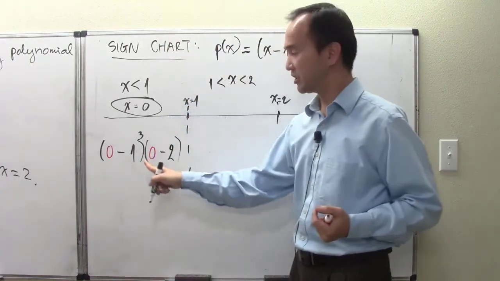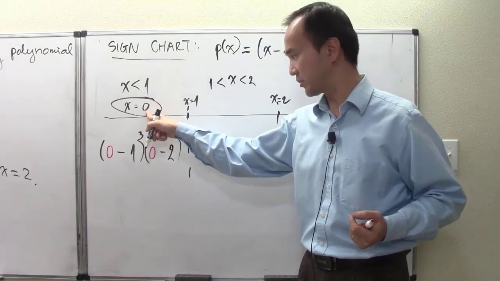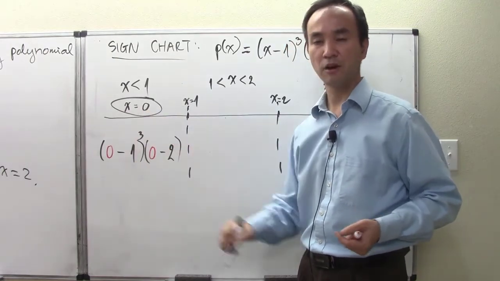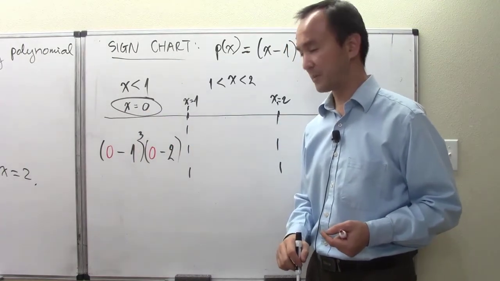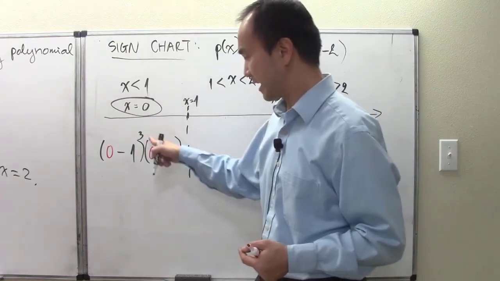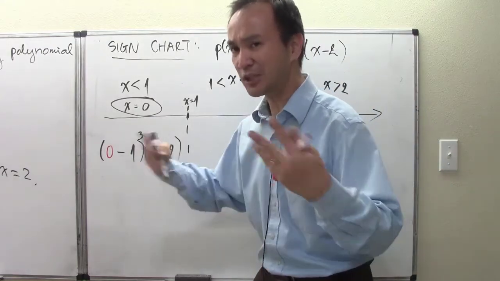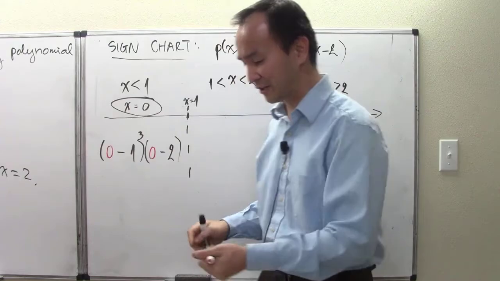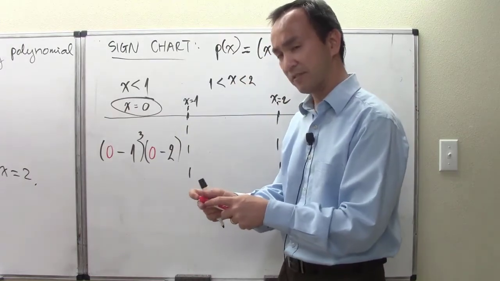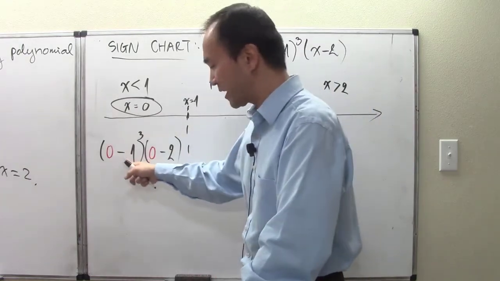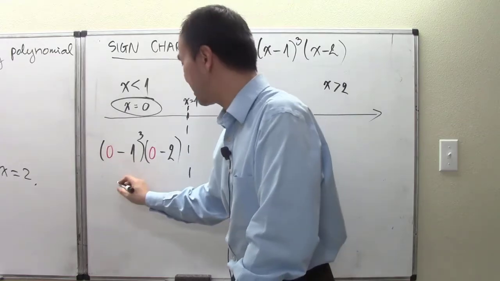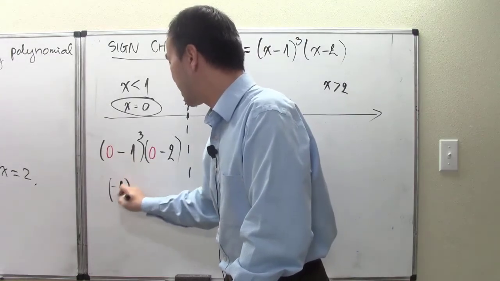I substituted my chosen value into the factor form of my polynomial. 0 minus 1 by itself is already a negative sign, so it's negative 1, but we raise it to the third power.